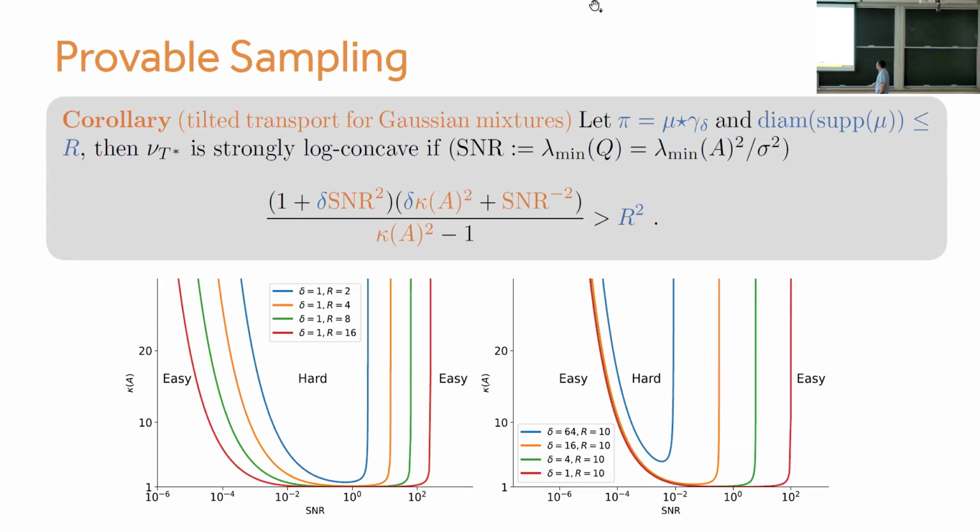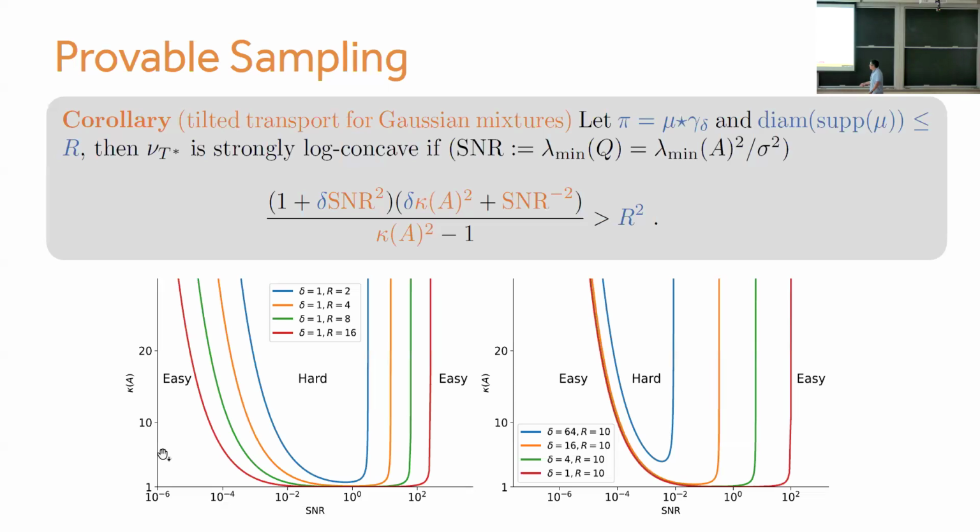Suppose you have a fixed combination of delta and R, so you have a fixed prior. Then you can plot in the space of condition number kappa A and the signal-to-noise ratio the condition where the left-hand side equals the right-hand side. You can see these level curves are all U-shaped.